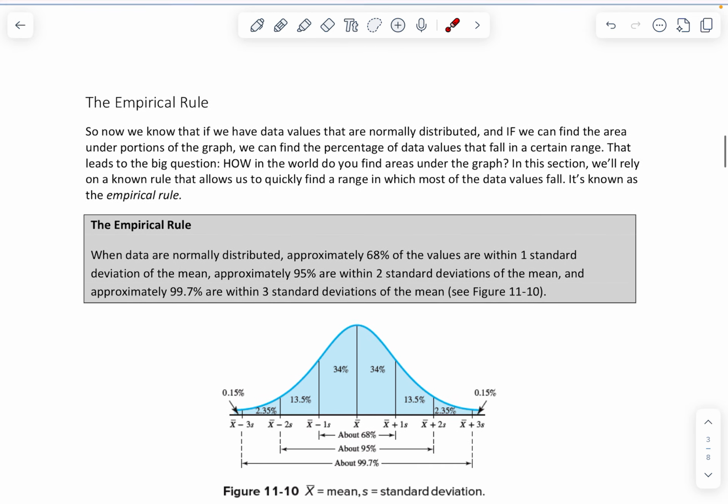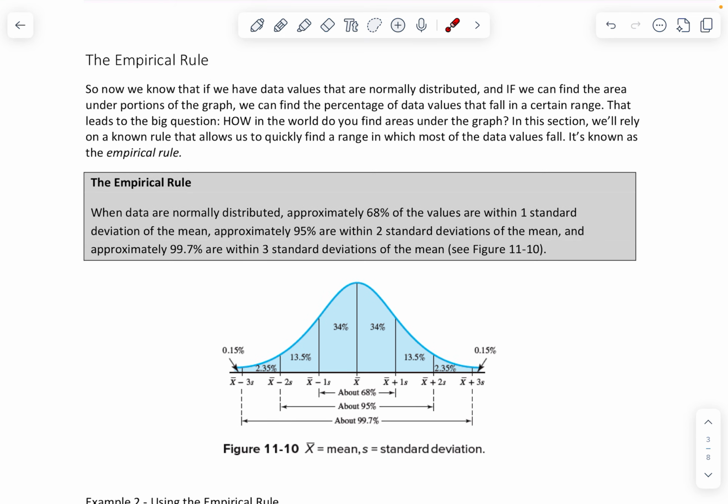The first one is to introduce a rule called the empirical rule. It is a known rule that allows us to quickly find a range in which most of the data values fall.